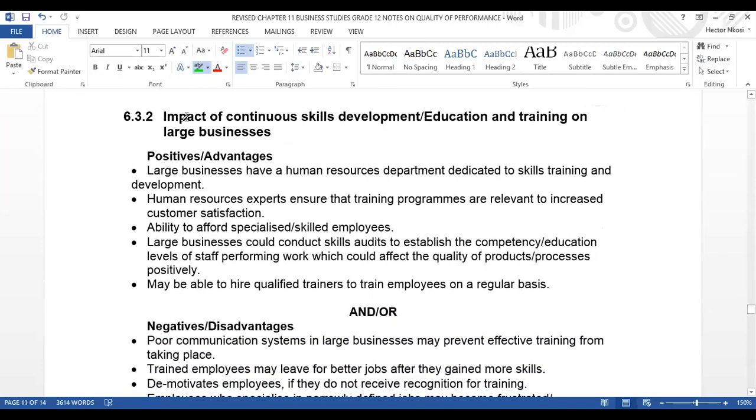Let's also look at the impact of continuous skills development or education and training on large businesses. Remember, guys, even me as a teacher right now, I still go for training.